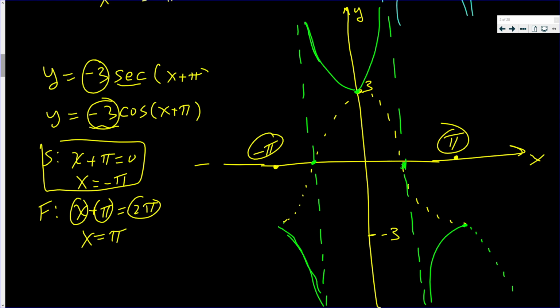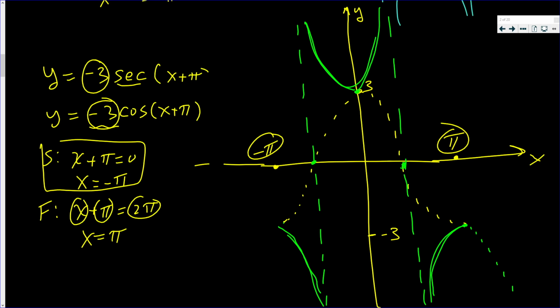And then we repeat the piece in the middle, which is right here. And we just keep repeating this. You're going to then have this, which is this piece right here. Just keeps repeating. I just repeated it to the right. It also repeats to the left.